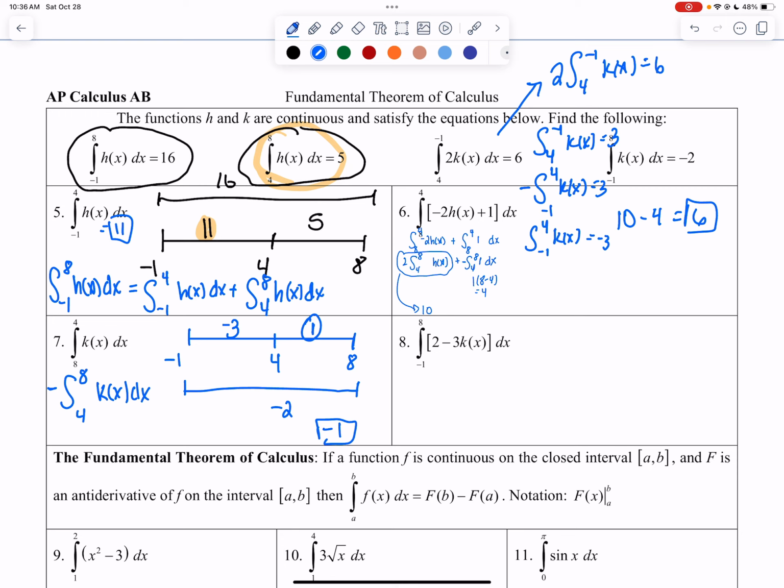Now, how can I find that using calculus notation?